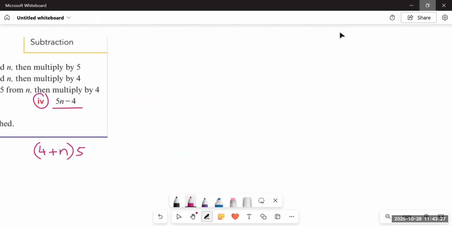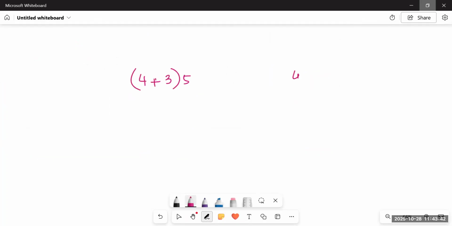Like if it says add 4 with 3 and then multiply it by 5. Let me show you the difference if I multiply 4 plus 3 with 5, or if I multiply 4 with 5 and then add 3 into it, or if I multiply 3 by 5 and add 4 into it. All the answers would be different.